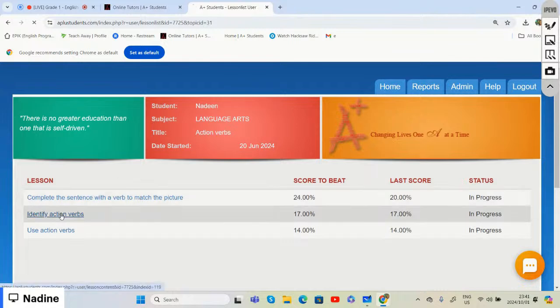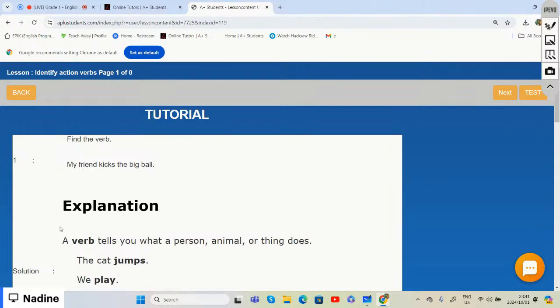So now we're going to identify action verbs. We already identified verbs with the sentences.